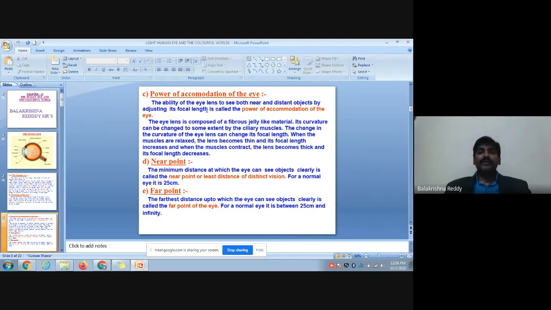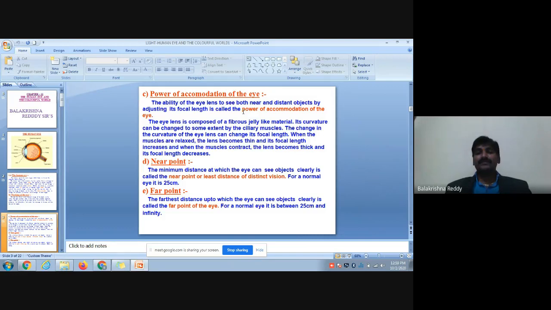Now, the most important thing we have to understand in this lesson regarding the human eye is the power of accommodation of the eye. What is this power of accommodation? It means the ability of the human eye to see at a distance, at what length it can find the image of an object, or at what length it is able to see very clearly.